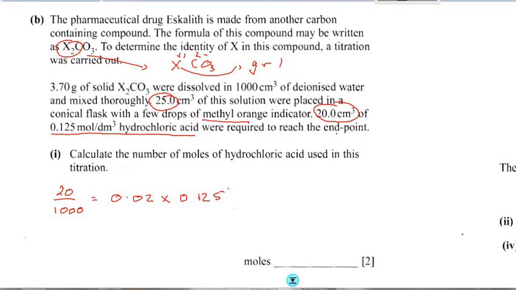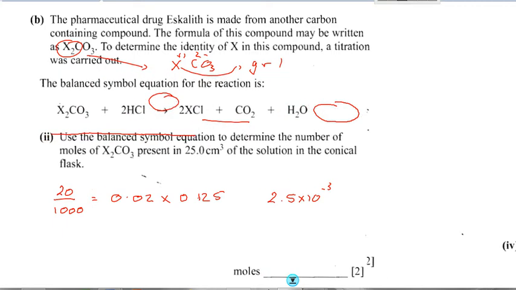So the number of moles, therefore, is 2.5 times 10 to the -3. Again, just like the previous one, if you want to write it as 0.0025, that's perfectly okay. So that's B part 1. Let's go and get B part 2 here.